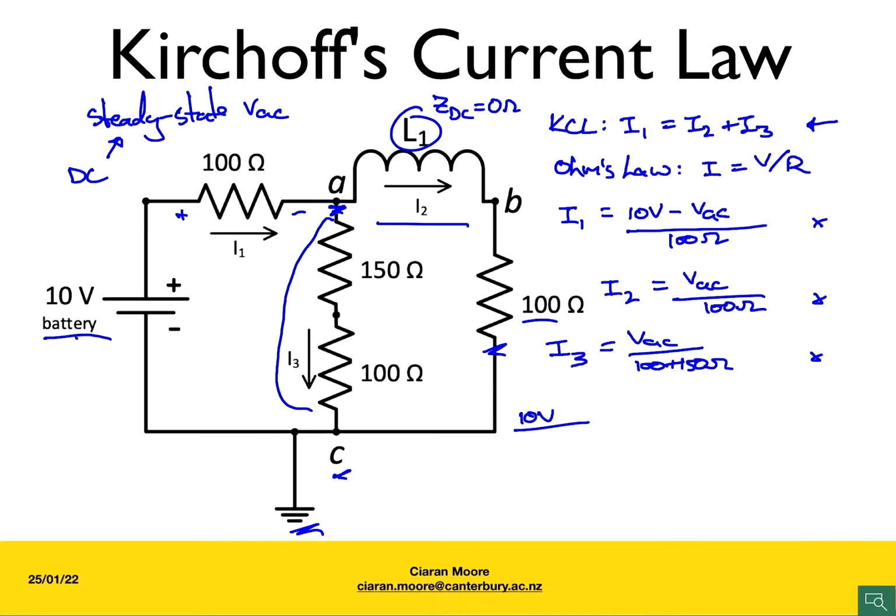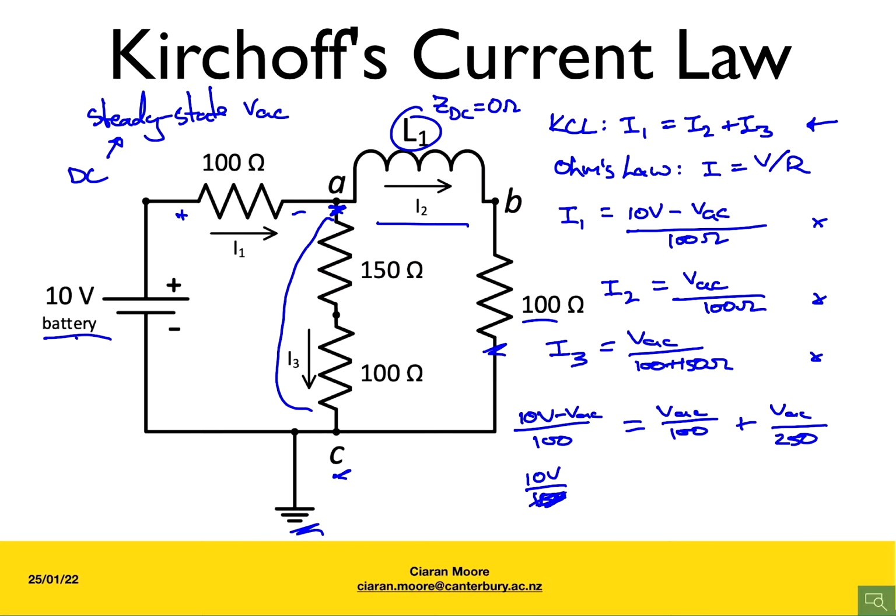We'll start with the I1 expression, 10 volts minus VAC over 100, and this must be equal to I2, which is VAC over 100, plus I3, which is VAC over 250. And now we can rearrange this equation to get VAC onto one side.